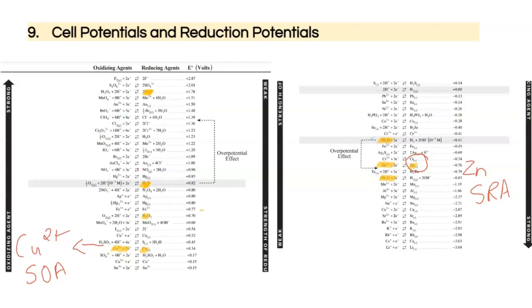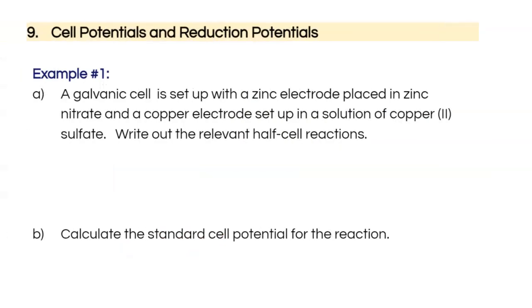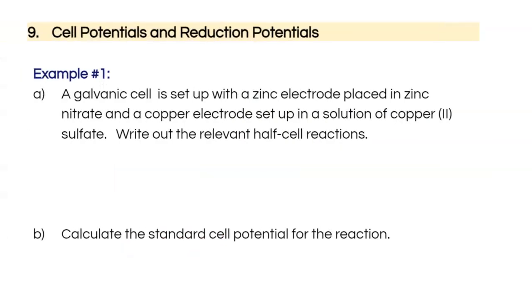I'm going to go back to the previous slide, and I'm going to write out the relevant half reactions. So I have my Cu2+ plus 2 electrons going to give me copper. That's a gaining of electrons, that's reduction, so that's my cathode. And then I have zinc becoming ionized at the anode.